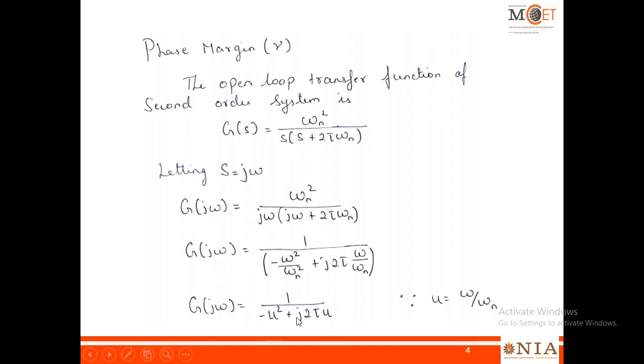Now we have to find the frequency at which the magnitude of this open loop transfer function is equal to 1. After getting G of j omega, this has to be converted into magnitude and phase, and that magnitude has to be equated to 1 so that you get the gain crossover frequency.